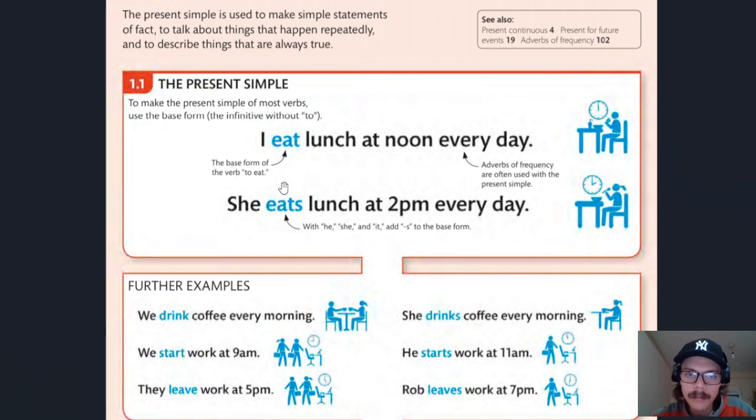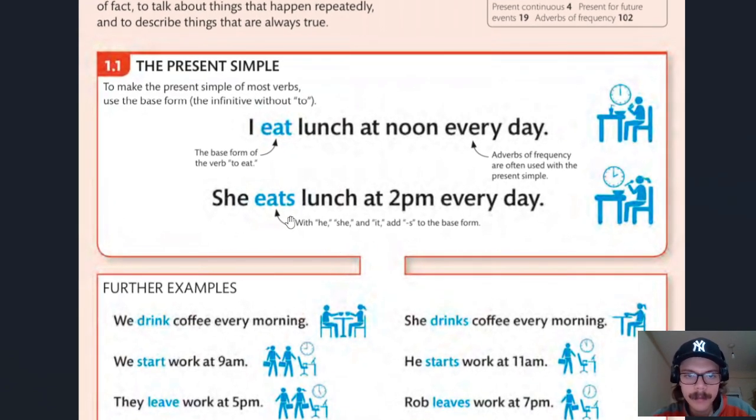Now, for these 2 examples, the subjects are pronouns, but you will have situations where the subject is not a pronoun, it's just a noun, and you will have to determine what kind of pronoun you would use to replace the noun in order to determine if you apply the S or not. Now, maybe that doesn't make sense to start, but we're going to go deeper into that. What you need to know for now is that sometimes the verb will have S and sometimes it won't, right? But all of the time, you're going to be using the base verb at the very least, okay?